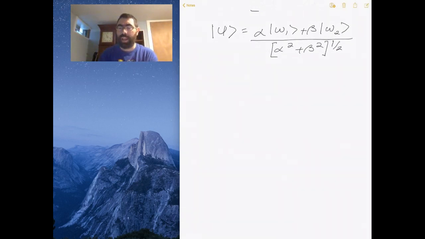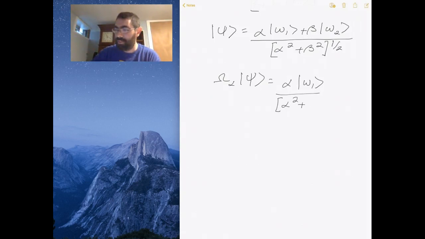Then we could operate on this with an operator I'll call omega sub alpha, where in this case this operator chooses the first eigenstate, which would be alpha omega 1 divided by the normalization.